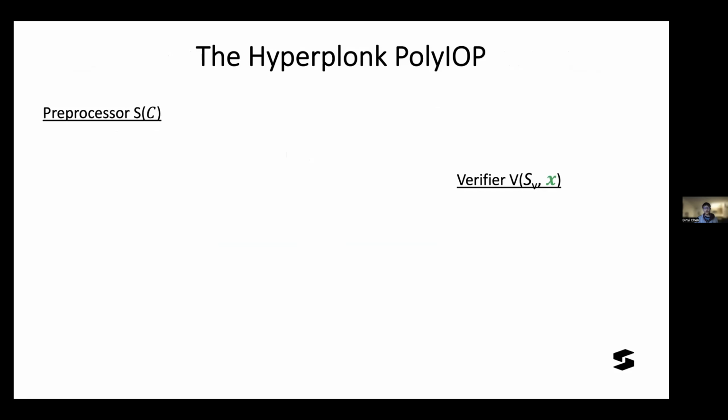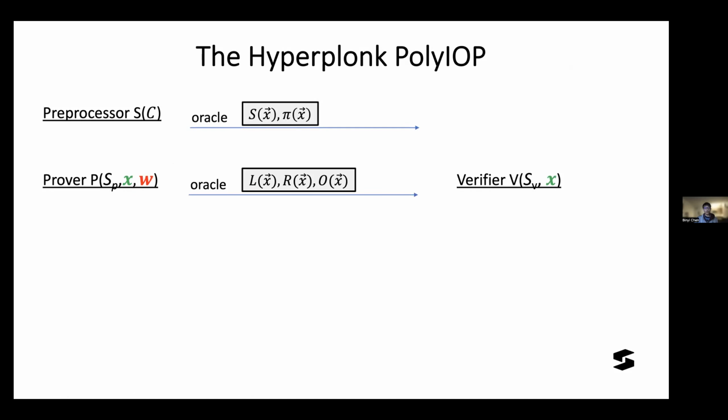In the preprocessing phase, the preprocessor sends oracles called the selector polynomial and the permutation polynomial, where the selector polynomial encodes the gate types, including addition gates, multiplication gates, and even custom gates, and the permutation polynomial hard-codes the wiring information of the circuit. Okay. And then in the online phase, the prover will send the circuit witness polynomials, here L, R, O, to the verifier.